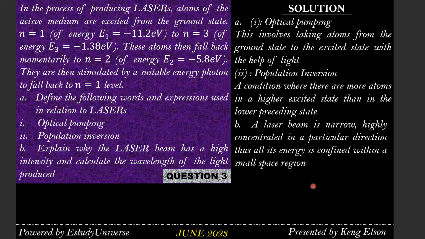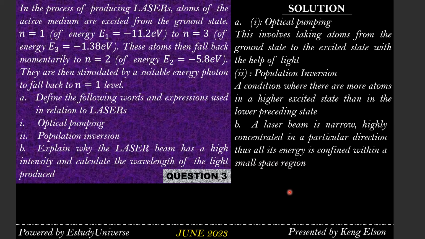We can use lasers to cut metals and to deform shapes. So it is very narrow and highly concentrated in a particular direction, so all the energy is confined within a small space region. That's why it has a high intensity.